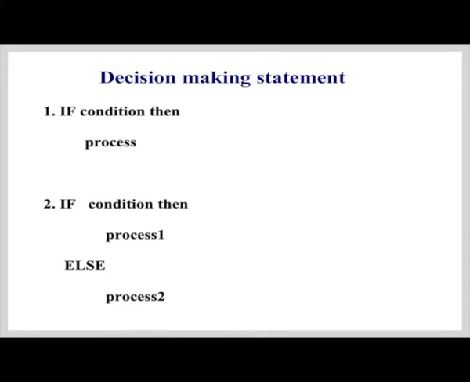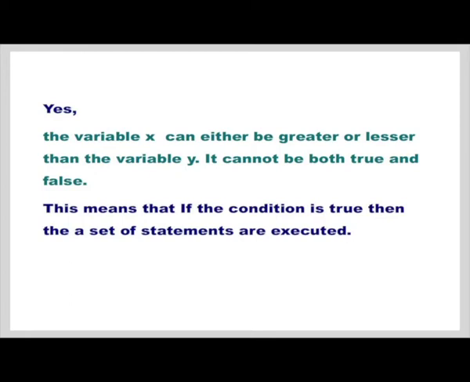Here the condition refers to any statement that may evaluate to either a true value or a false value. In the discussed example, what can we conclude? Yes, the variable x can either be greater or lesser than the variable y. It cannot be both true and false.